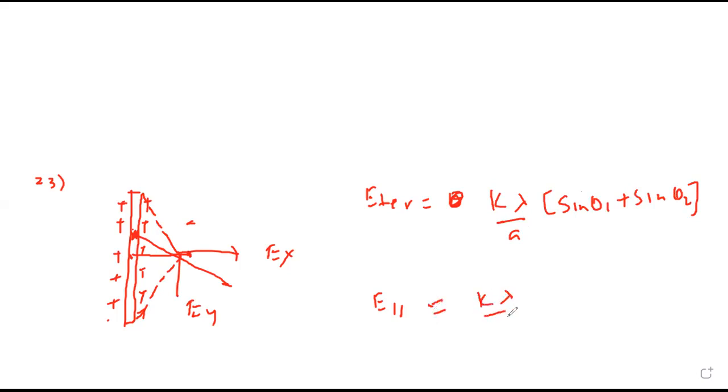E parallel is k lambda by a into cos of theta 2 minus cos of theta 1, right? Perpendicular and parallel forms, for a finite conductor when a point is close to it.